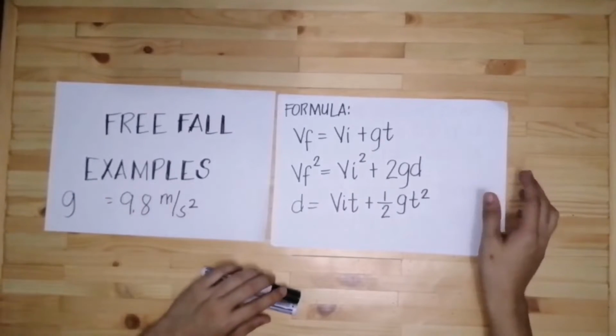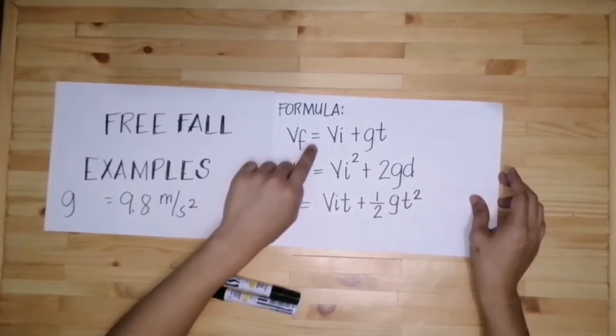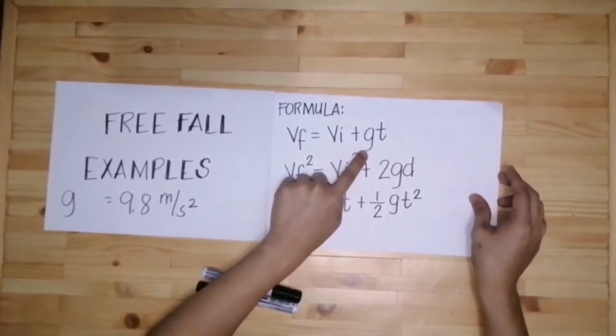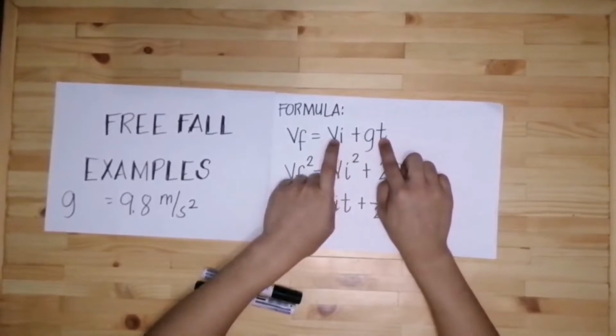So now, we have the following formulas that we can utilize to solve some examples involving free fall motion. We have here the VF, or the final velocity of an object, that is equal to initial velocity VI plus g, or the gravitational acceleration, times the time.